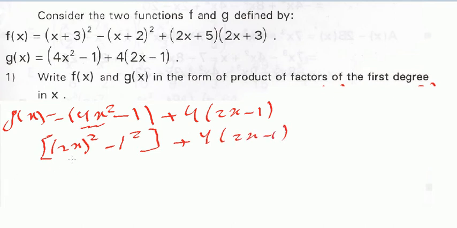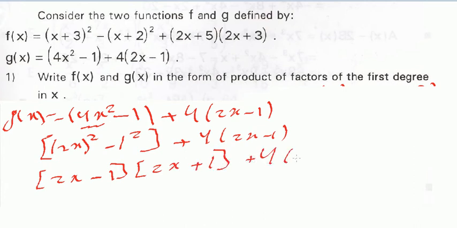Okay, now again these are two, a difference of two squares. A square minus b square is equal to a minus b, it means 2x minus 1, multiplied by 2x plus 1, plus 4 into 2x minus 1.